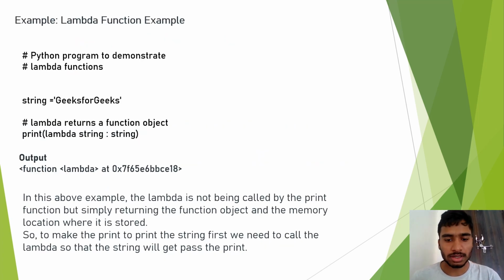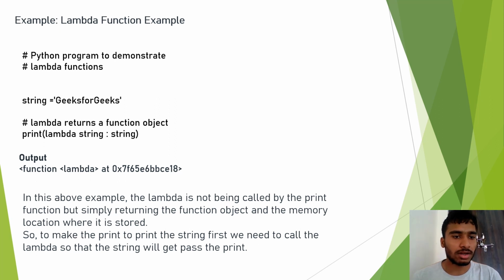So let us see an example. Suppose we take a string, which is "geeks for geeks". Lambda returns a function object. print(lambda string) gives the output as a function lambda.